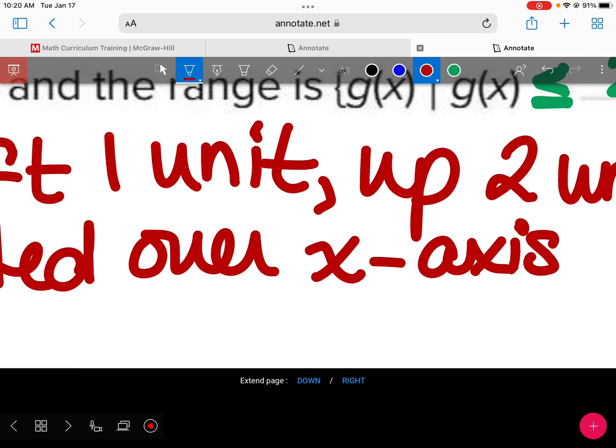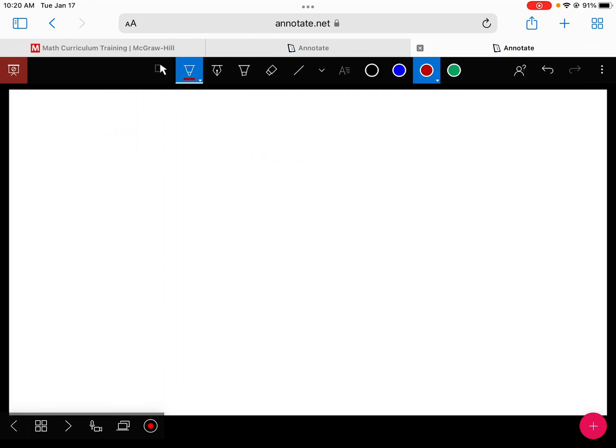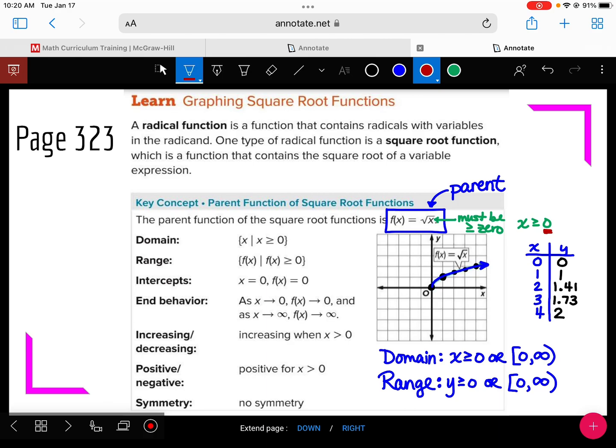And there's one more thing that I see that has happened. This has been stretched. When I look at the parent, do you see how it's moving up one and then it didn't even go up a whole unit until we get over here?